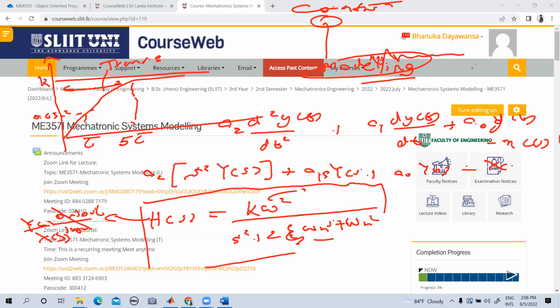In MATLAB, what we actually do is a sort of computational modeling.